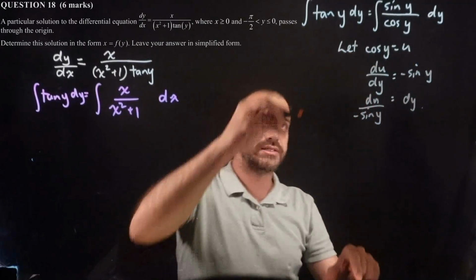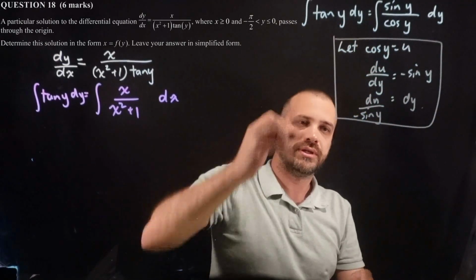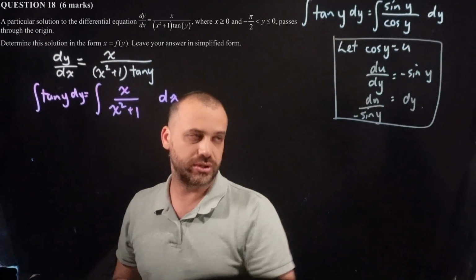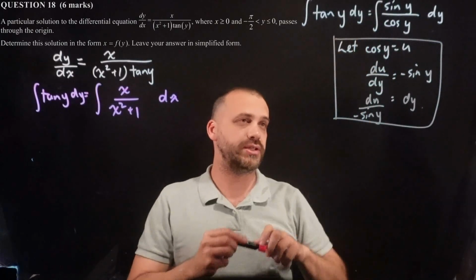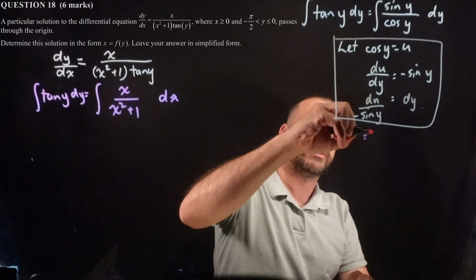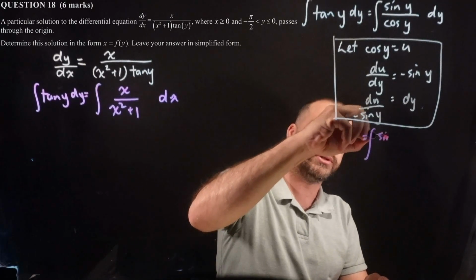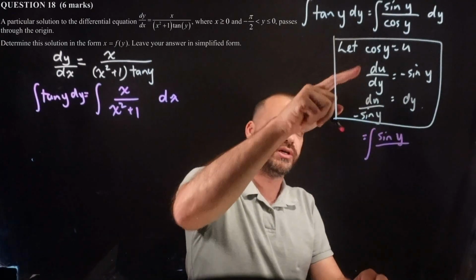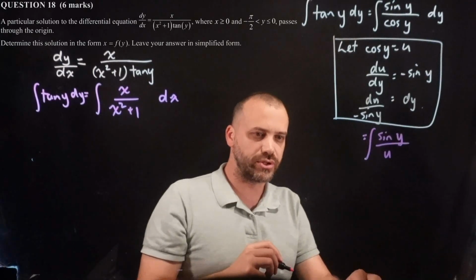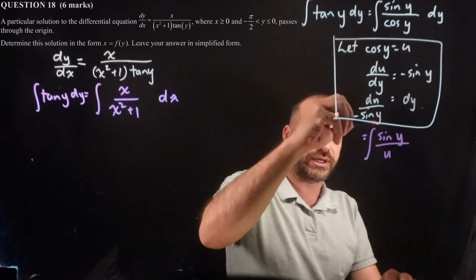And now that I've done this little piece of work, I can substitute a bunch of this stuff into my integral. So, integral sine y. Now, leave sine y where it was. cos y is equal to u. And then what do I get?